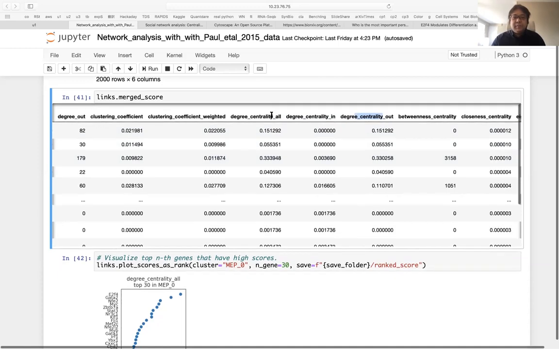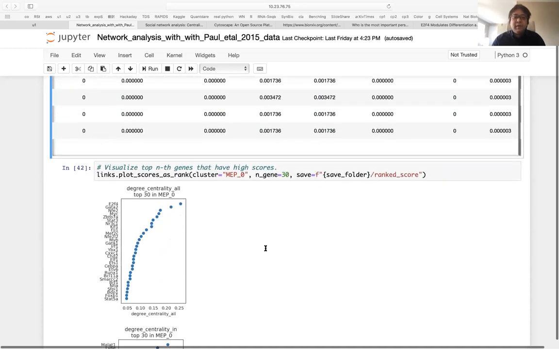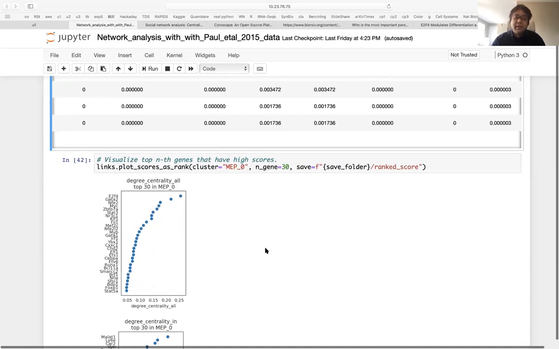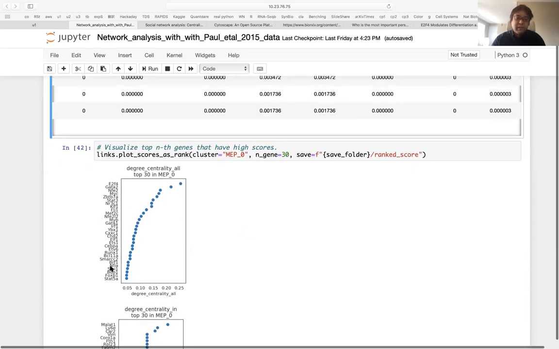If, for example, one gene is regulated by really many genes, and this gene is not a transcription factor, but it is regulated by many genes and has many regulatory connections, it can exist in this list.